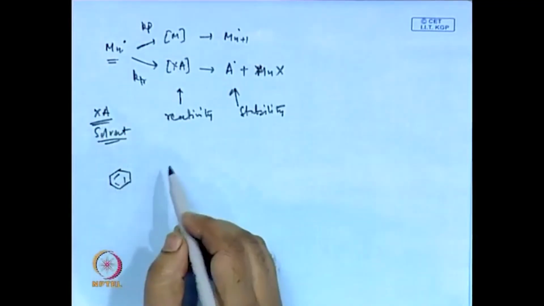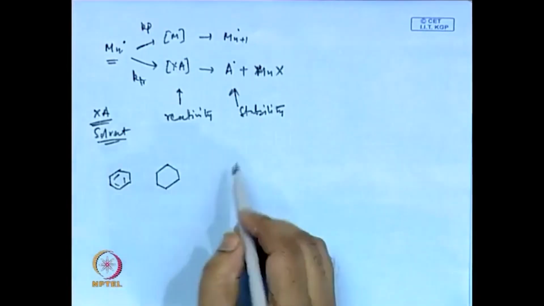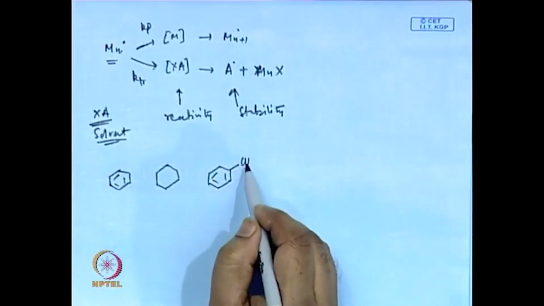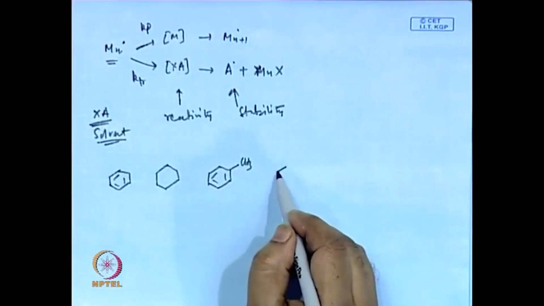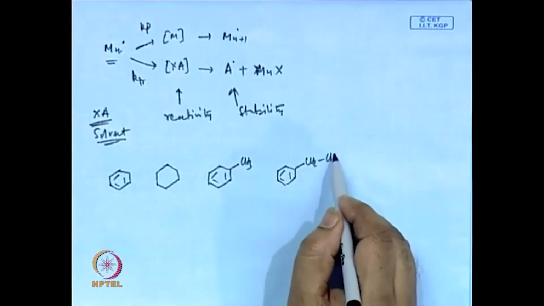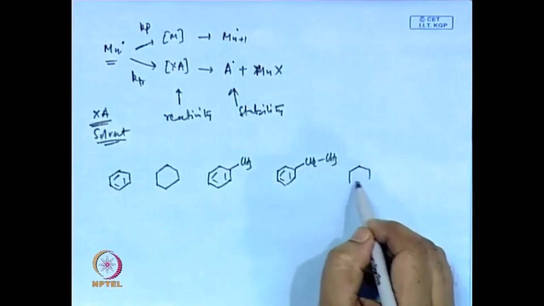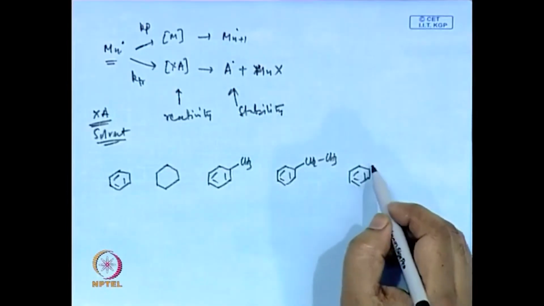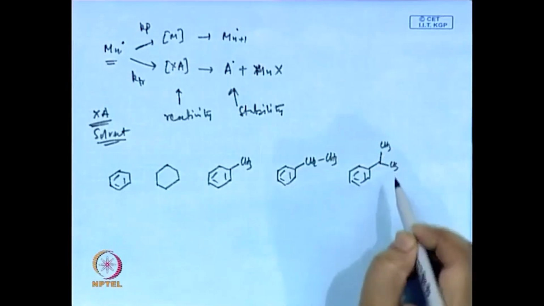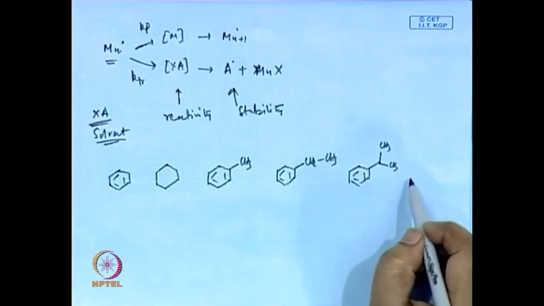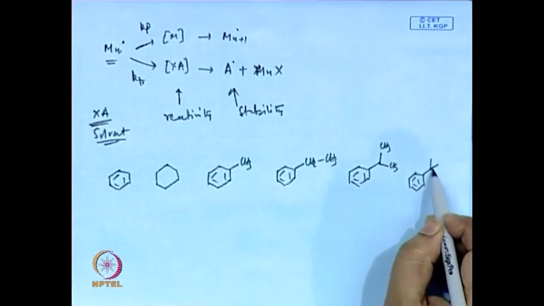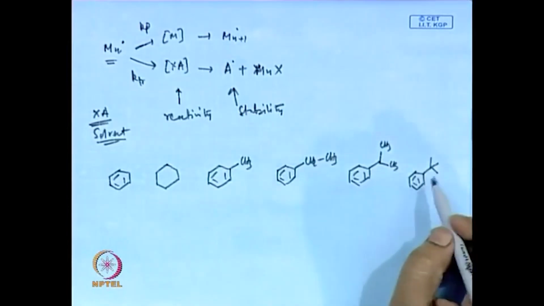So, benzene, cyclohexane, toluene, ethyl benzene, isopropyl benzene and tertiary butyl benzene. Okay.